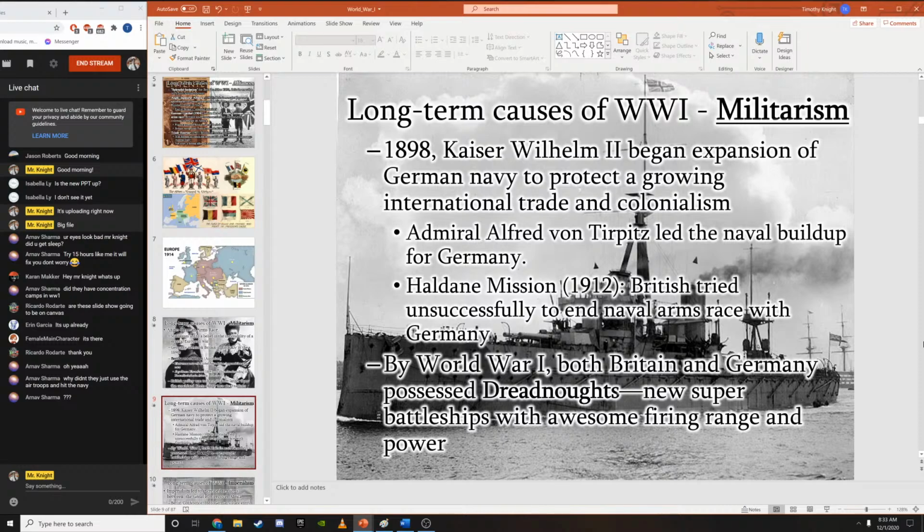So why didn't they just use air troops and hit the Navy? That's a really smart idea. That's what they're going to do in World War II. The reason they don't do it in World War I is because airplanes have only barely been invented by the time World War I breaks out. And so the technology wasn't good enough.